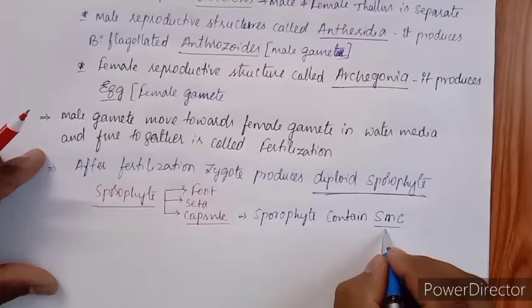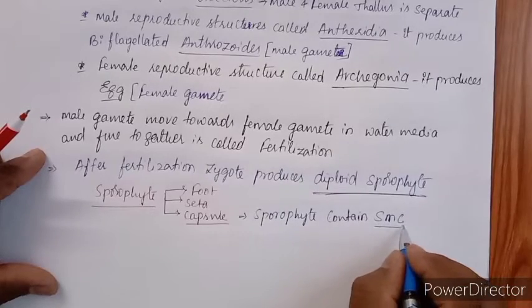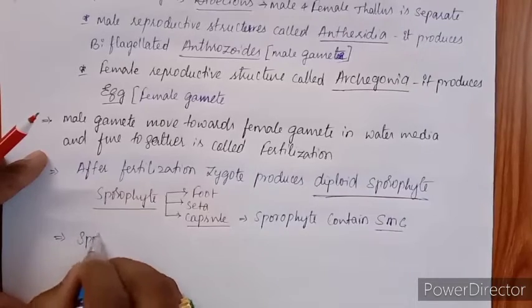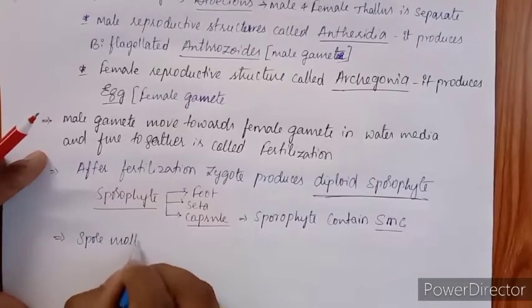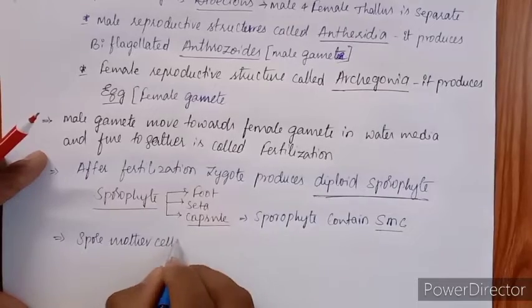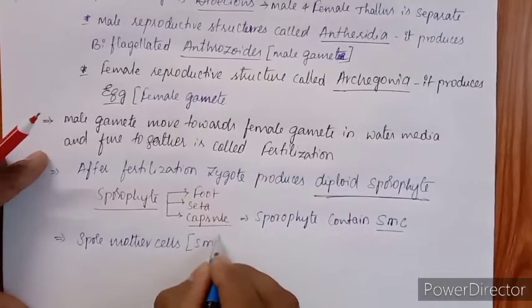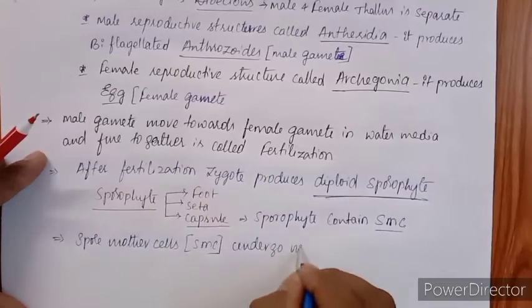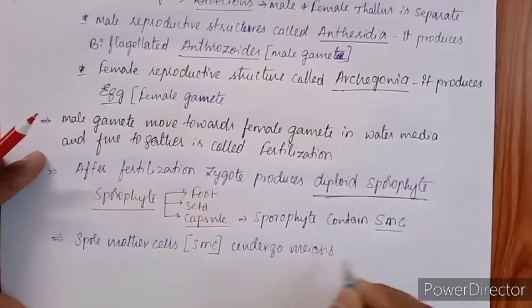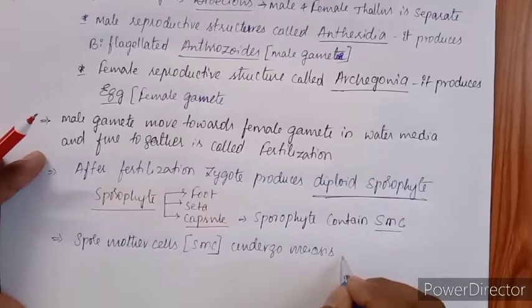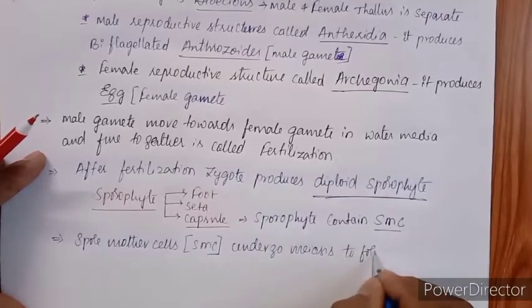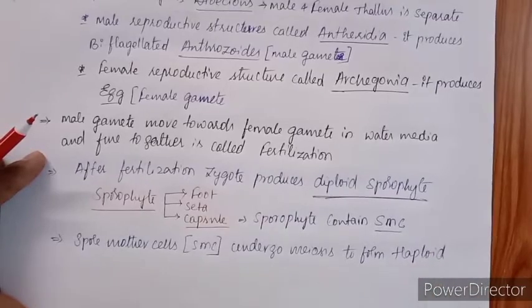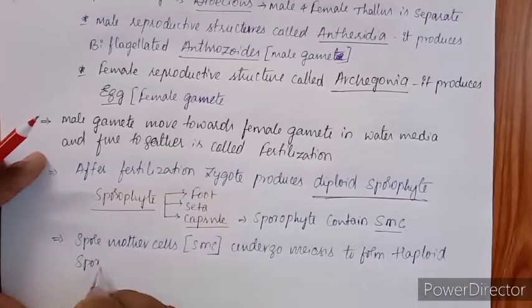Spore mother cells, SMC, undergo meiosis to form haploid spores.